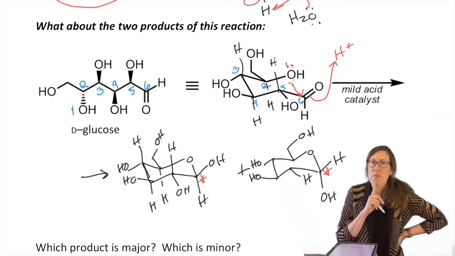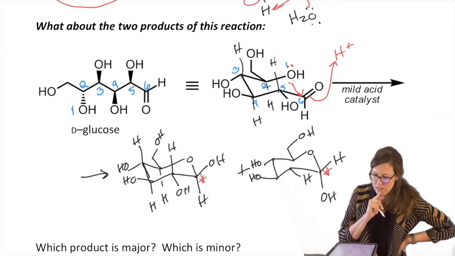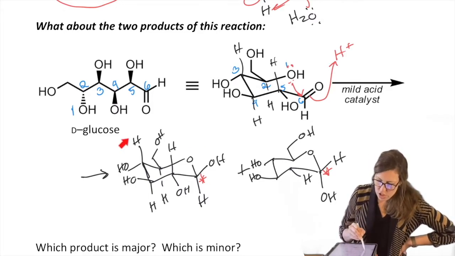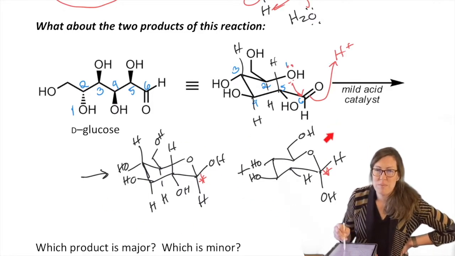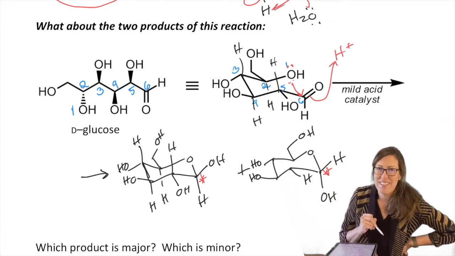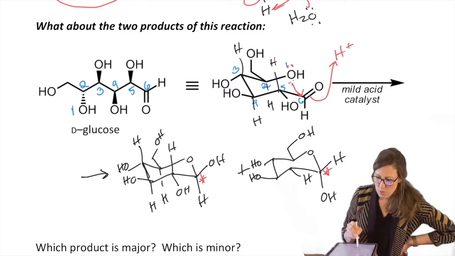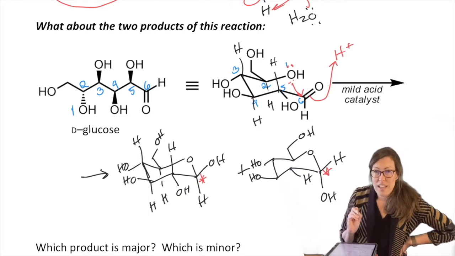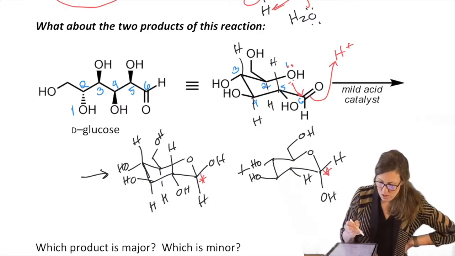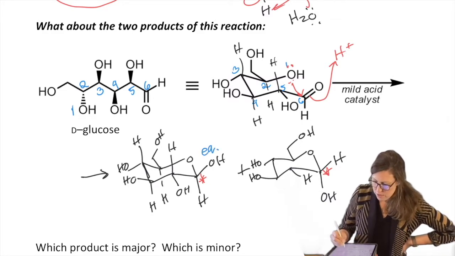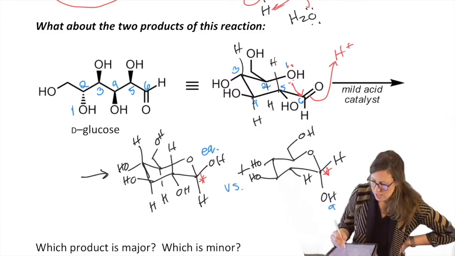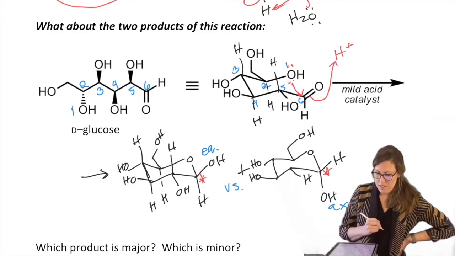If you took this to the 211 class and you said, which chair is more stable? What would they say, hopefully? Organic 1 class would all vote for equatorial OH versus the axial. They would expect that.